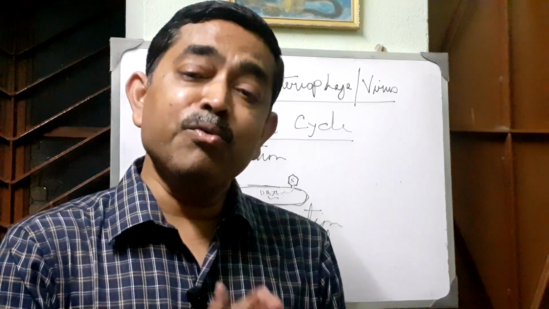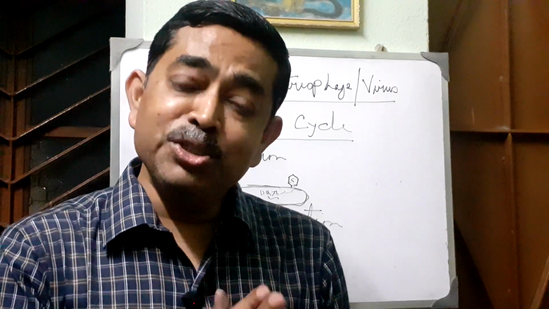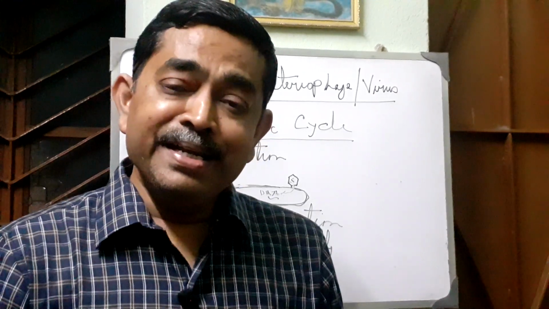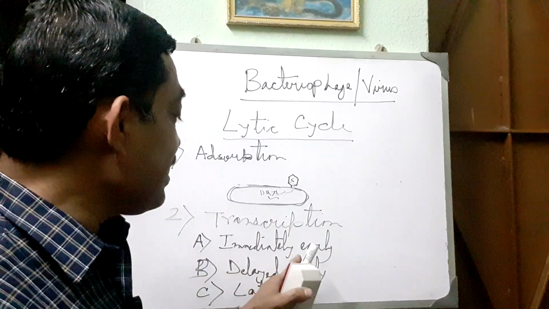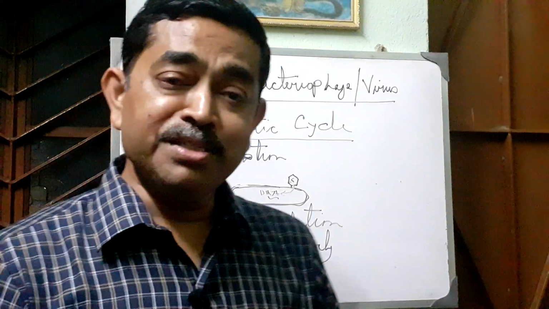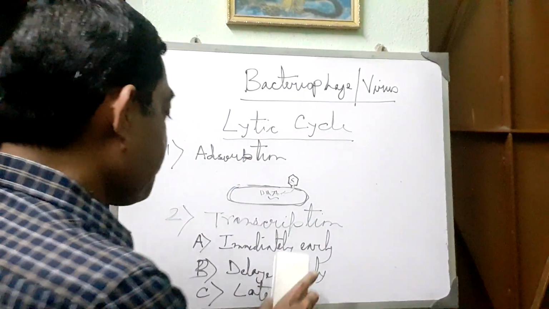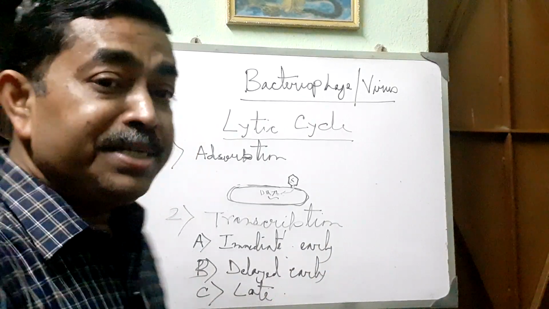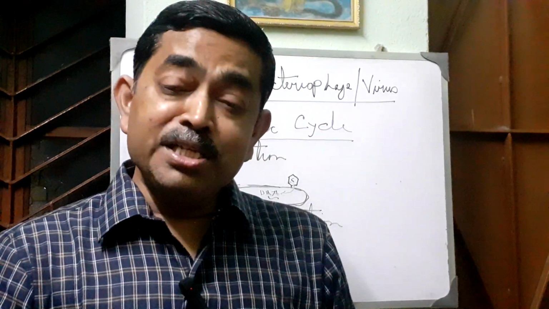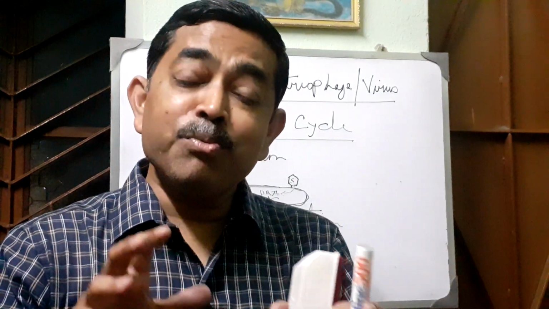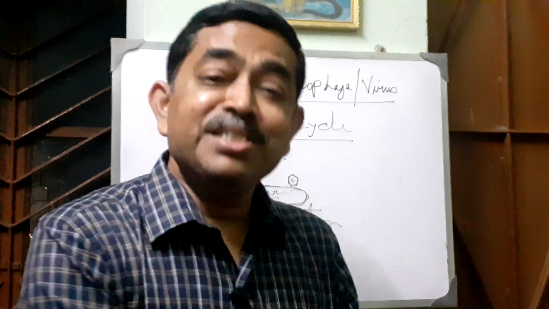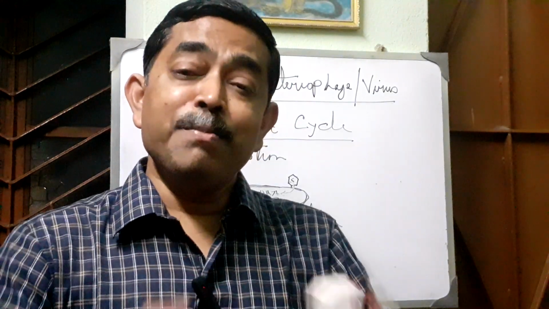This nuclease enzyme will degrade the bacterial genome DNA, and they will supply nucleotides by this immediate early transcription for the production of phage DNA. Now phage DNA production will start, and bacterial DNA transcription will be stopped.